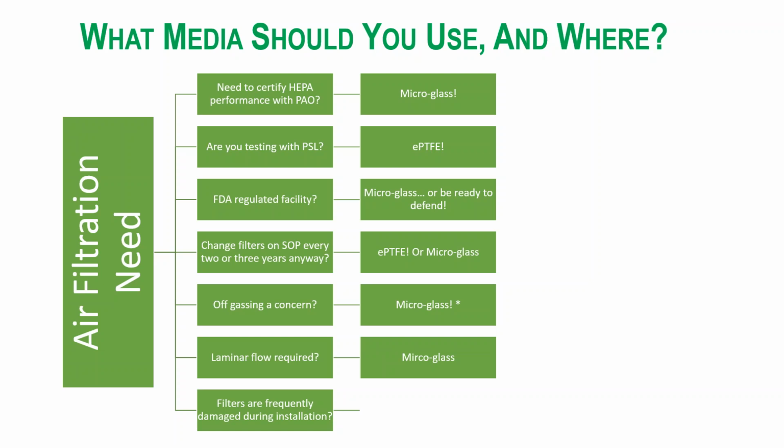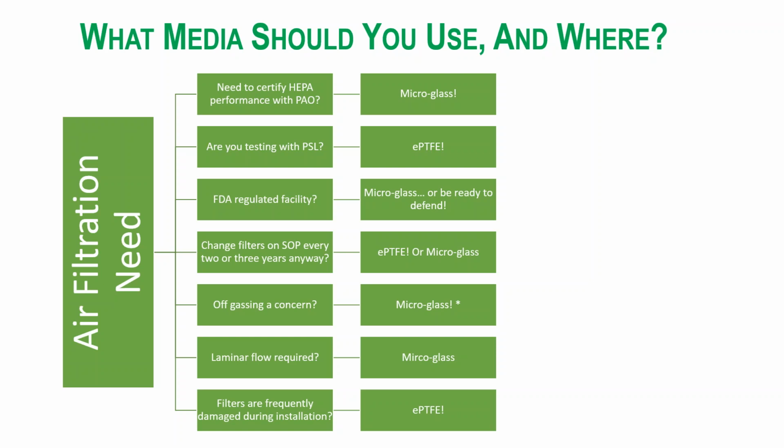Is laminar flow required? Laminar flow is better in glass than it is in PTFE, just because of the membrane layers. As I mentioned before, the more layers you put in there, the more the air currents become disrupted, and so you lose that laminarity, which you could be looking for within a prep space or within a biological safety cabinet space. Are filters frequently damaged during installation?